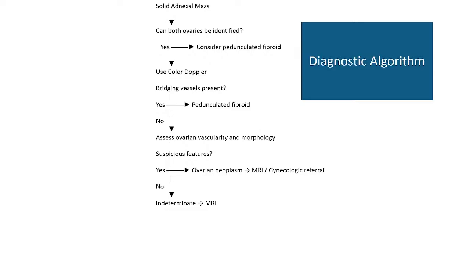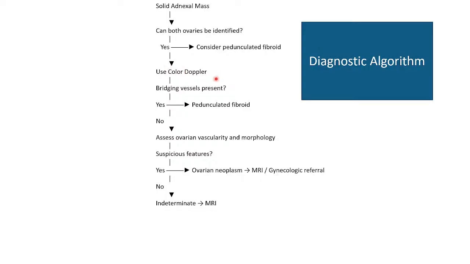So now, let's have an algorithm. This is an algorithm, a chart. You must have this in your room, guys. This chart makes the workflow of assessing these pelvic masses or lesions very easy. Solid adnexal mass: can both ovaries be identified? If no, consider a pedunculated fibroid.